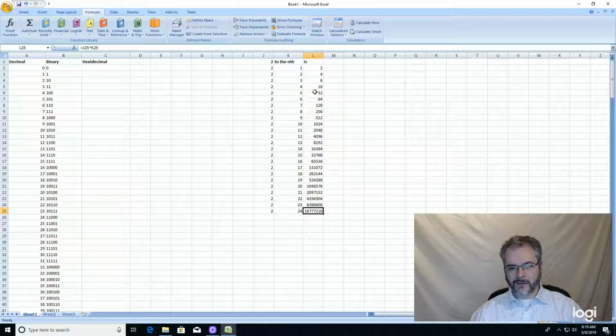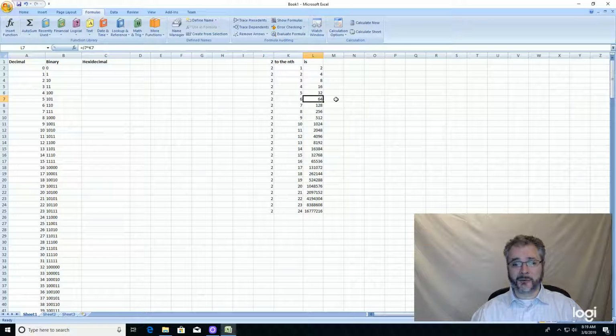And these numbers, you see them all the time. Commodore 64. My first computer had 128K of memory.